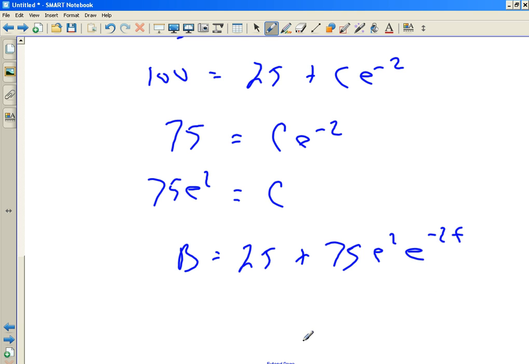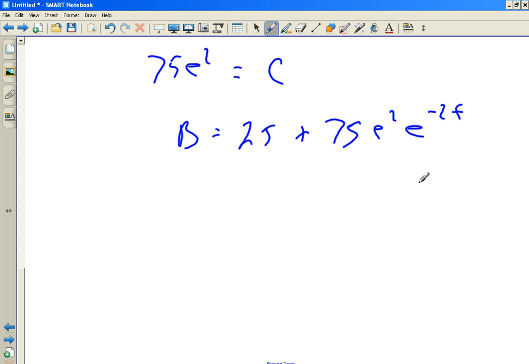Two powers of e is one power of e. All right, so I'm going to say b of t is 25 plus 75 e to the 2 minus 2t, all in the exponent. You could do that too, same thing. No, those are not like terms. You can't. No, don't get crazy.